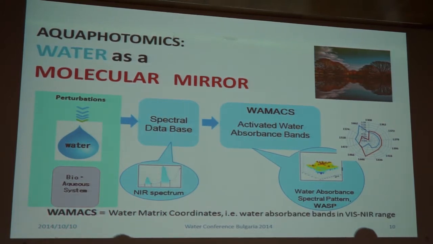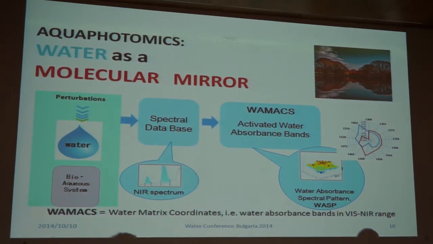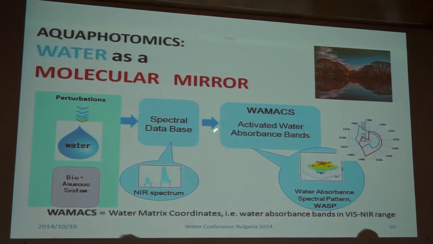The changes are usually in absorbance units of 10 to the minus 4, which is very small. If we don't go up close, we don't see it. If we don't analyze with numbers, we don't see it. So we need to analyze those data multivariately.